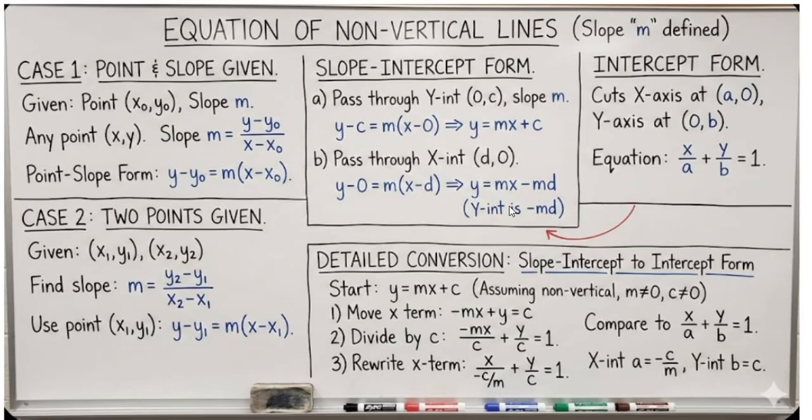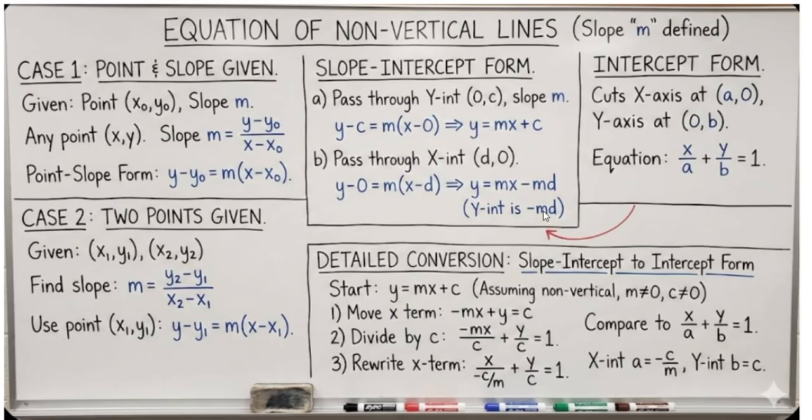Therefore you can definitely get the y-intercept. Whenever it passes through the y-intercept, you can also get the x-intercept. Both things happen. Whether the y-intercept is positive or negative depends upon m and d.